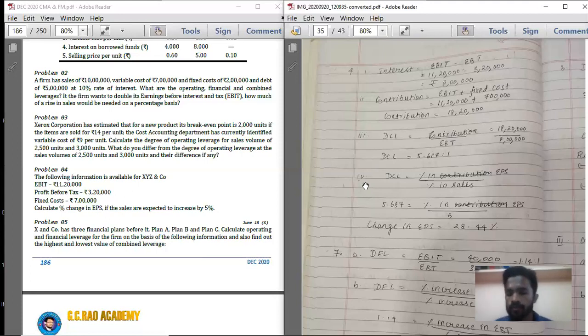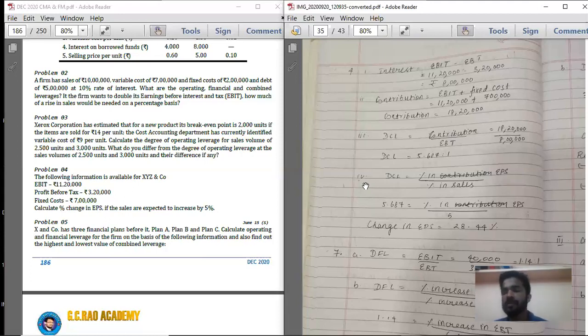DCL is equal to percentage of change in EPS divided by percentage of change in sales. Below that, 5.687 is equal to percentage of change in EPS divided by 5, because sales has increased by 5%.